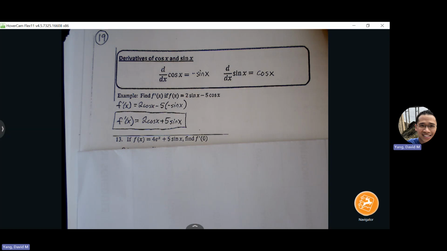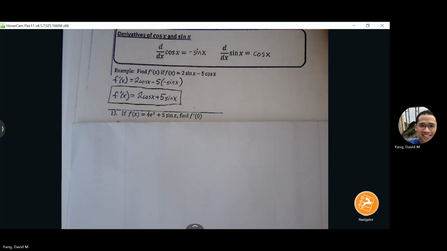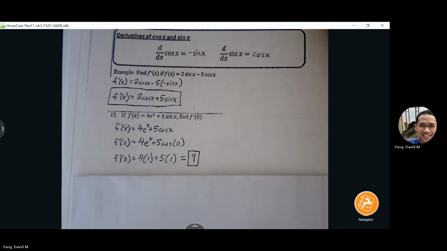Find the derivative, plug in 0, and see what you can do to clean that up. e to the 0 is 1, cosine of 0 is 1.